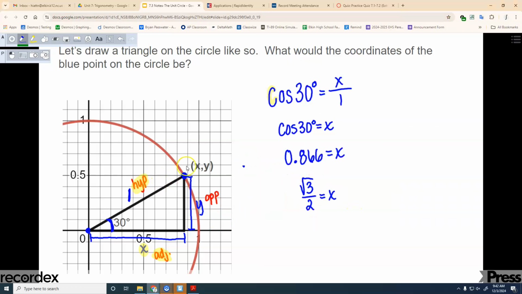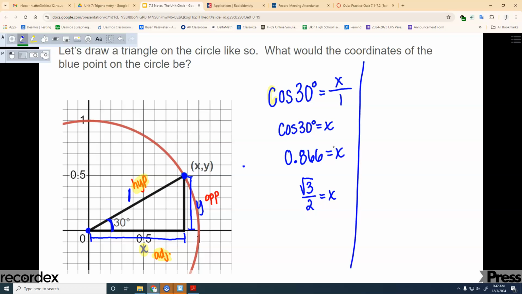So my x coordinate here is 0.866, or square root of 3 over 2 if I have to do it with decimals. I could show you how to get this, but it requires a lot of prior knowledge that I think we've probably forgotten and don't have time for. So just take my word for it right now. If you want to know big time, come see me elsewhere, and I'll show you why. Okay, so that x coordinate is square root of 3 over 2.